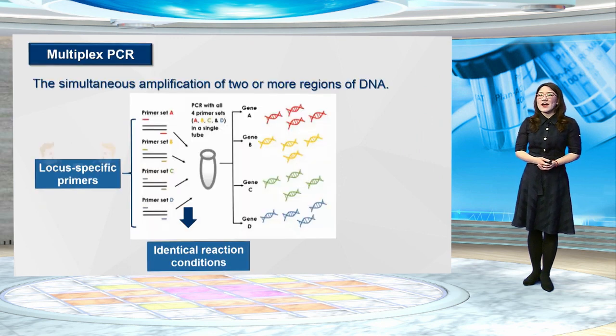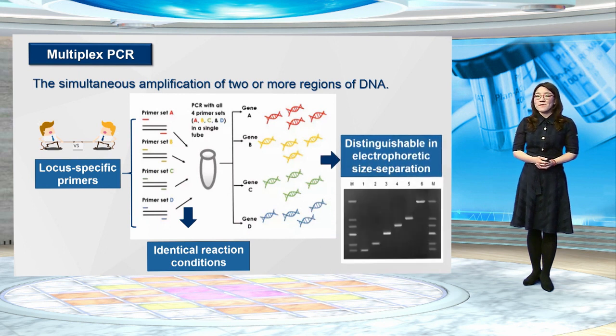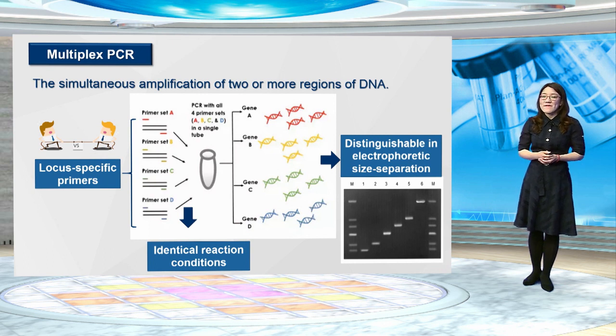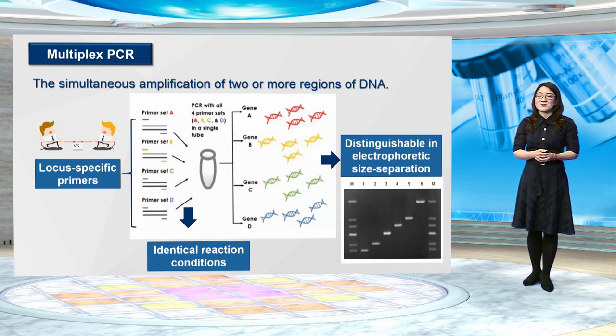Furthermore, PCR reactions have the advantage that they can be performed in multiplex fashion, which means that different forward and backward primer pairs are mixed to allow different target sequences to be amplified simultaneously. The simultaneous amplification of two or more regions of the DNA is commonly known as multiplexing or multiplex PCR. Multiplex PCR is more of a challenge than the single reaction because so many primer annealing events must occur simultaneously without interfering with each other.